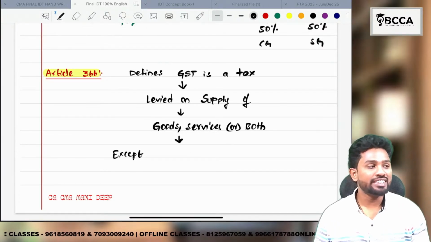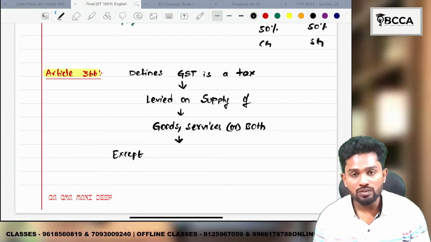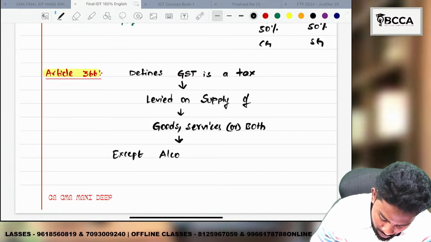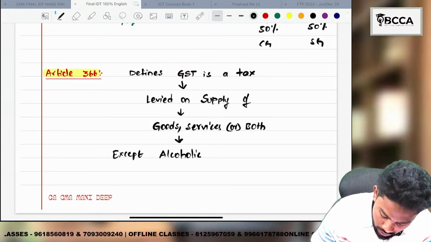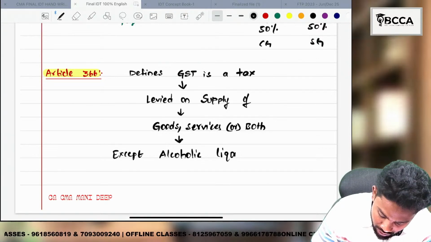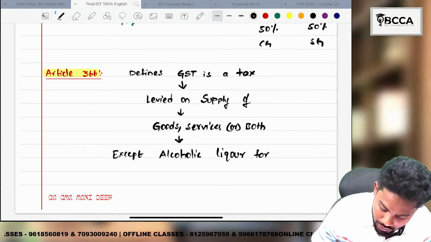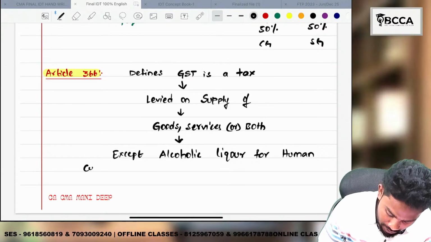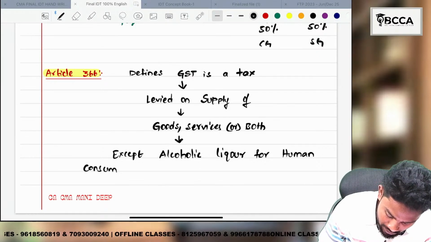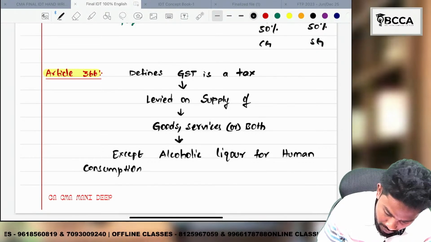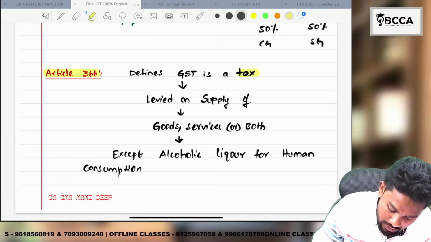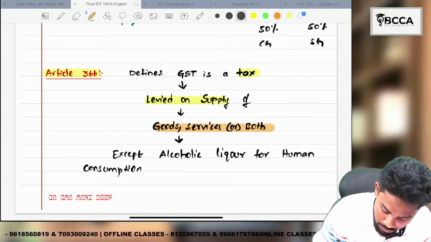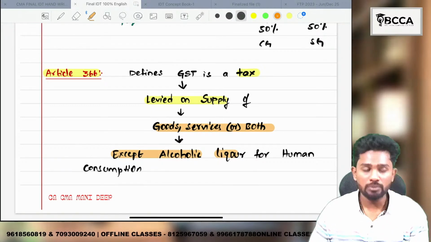Article 366 defines GST as a tax levied on supply of goods, services or both, except alcoholic liquor for human consumption.